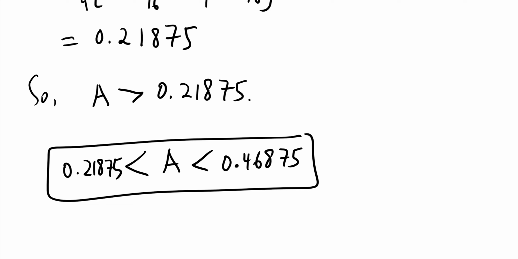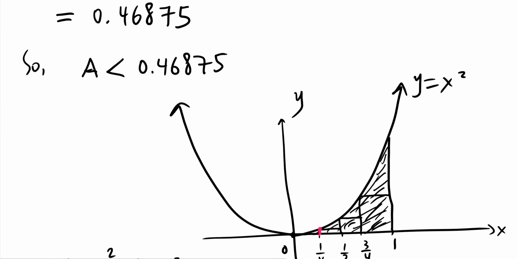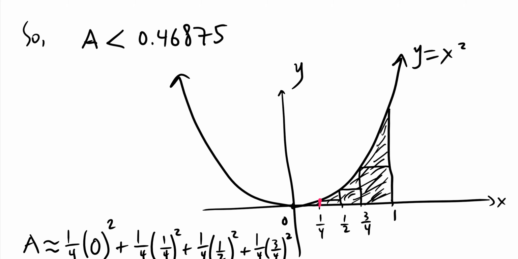Now, what happens if I take the same diagram, and you might say, wait, why did you split into 4 intervals or subintervals? Well, we can split into 8, you can split into 6, 5, any number of rectangles or subintervals you like.